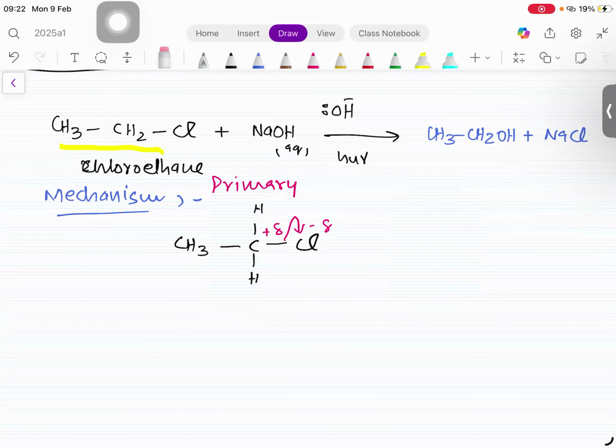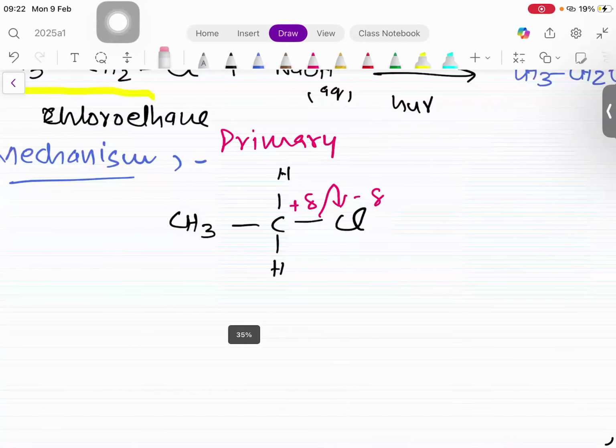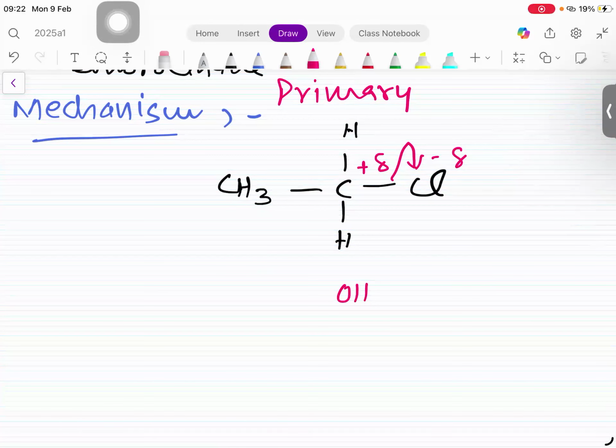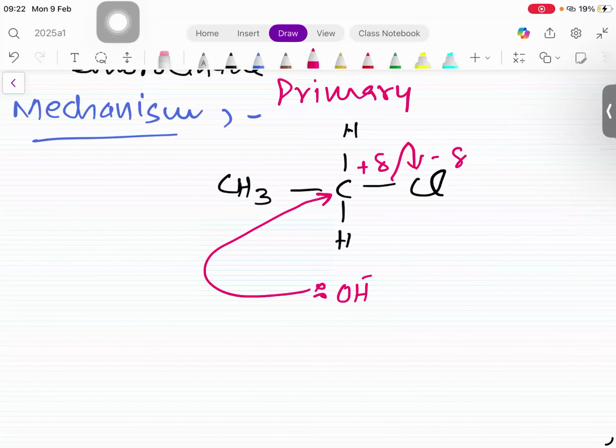There's another thing that happens. The OH negative, the nucleophile that has to substitute the Cl, comes and provokes the carbon, and this leaving and incoming takes place simultaneously.